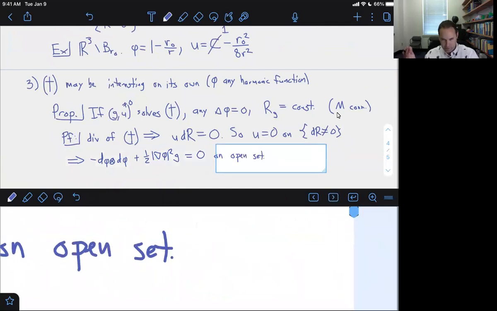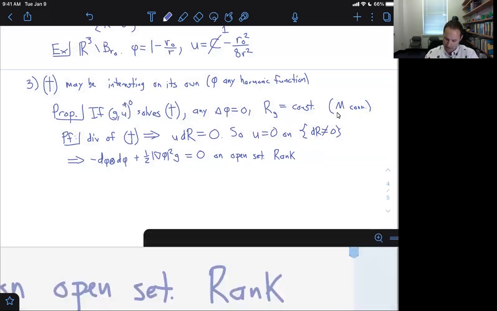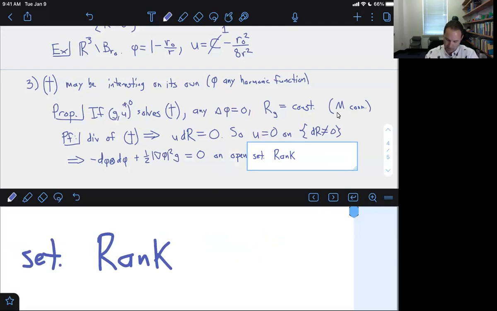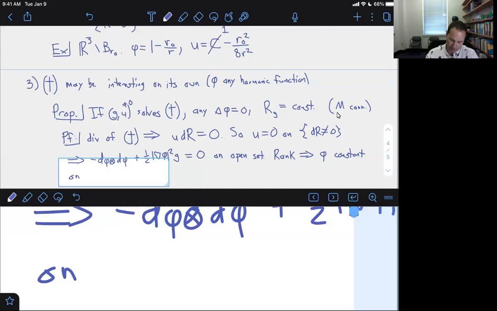If that open set's empty, of course, we're done. But if it's non-empty, then you can look at the rank of both of these tensors here. This is a multiple of the metric, so it has full rank or 0 rank. This term right here has rank 1 or 0, so rank at most 1. So the only way you can have those adding up to 0 is if the rank argument implies that both of those tensors are 0. So that implies phi is constant, not globally necessarily, but on an open set.